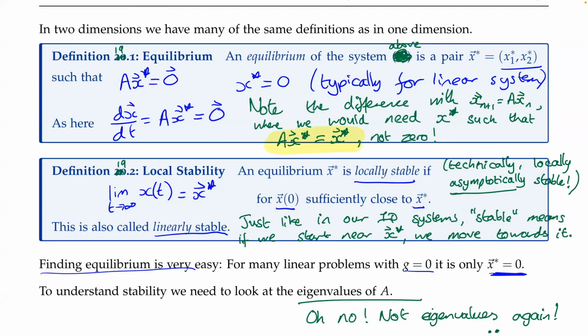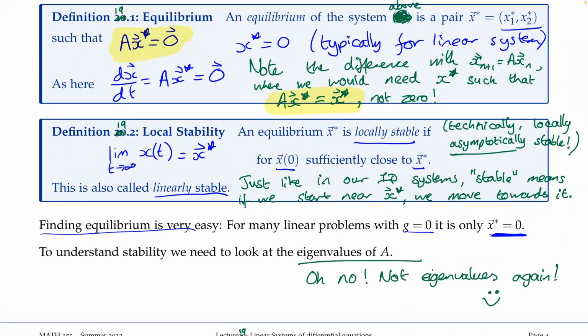We would look for x star such that if we take our matrix, multiply it by x star, we get x star again. Okay, this would be an equilibrium in those discrete time systems. In a continuous time system, you have an equilibrium x star here. When you take your matrix and multiply it by x star, you get the 0 vector. Okay, this is because we're in continuous time as opposed to discrete time. So you need your dx dt to be equal to 0.